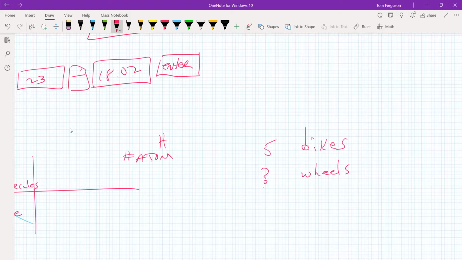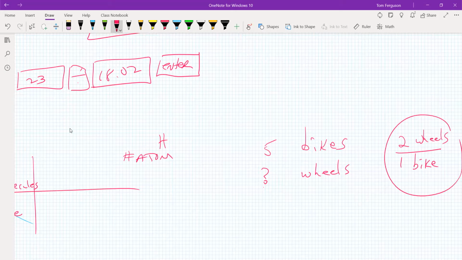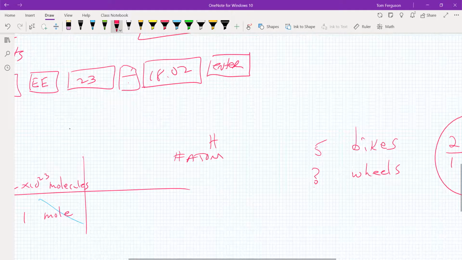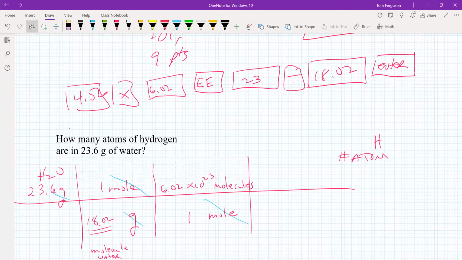I multiplied each bike by 2 wheels, because there's 2 wheels for each bike. If I have 100 bikes, I'm going to have 200 wheels because for each bike we got 2. So the conversion factor for bike to wheels is 2 wheels per 1 bike. Conversion factor. So we need a conversion factor for water in atoms to molecules.